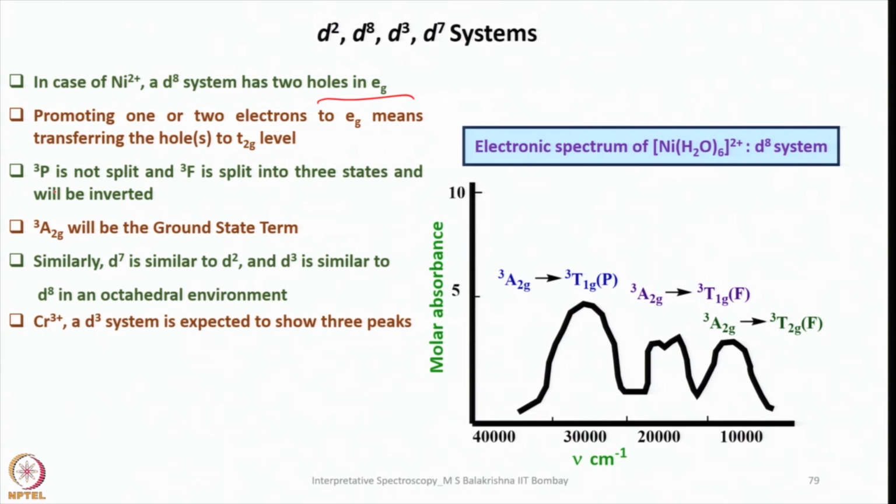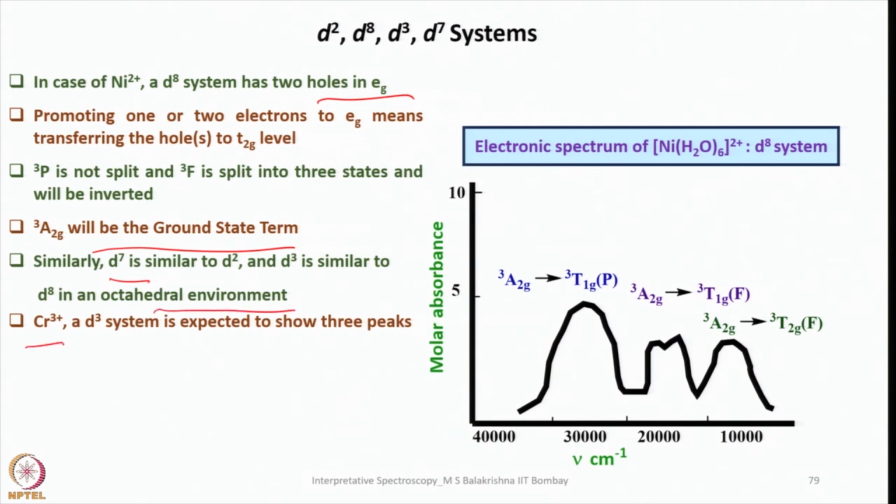We have T1u, which we call sp3d2 when you consider, or when you go to ligand field theory, the p orbitals are designated as T1u. So they are still degenerate. They have the same energy. So they do not split, whereas 3F is split into 3 states and will be inverted here. So 3A2g will be the ground state term. Similarly, d7 is similar to d2 and d3 is similar to d8 in an octahedral environment.